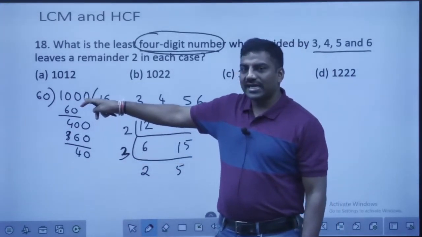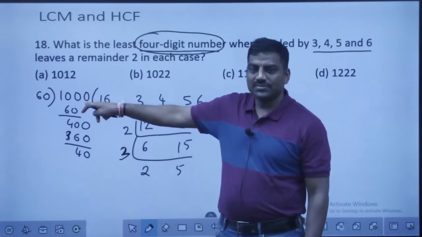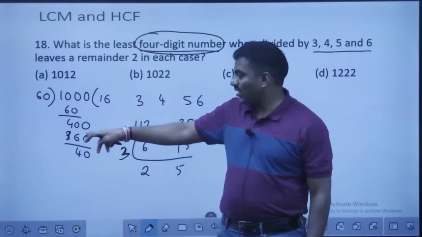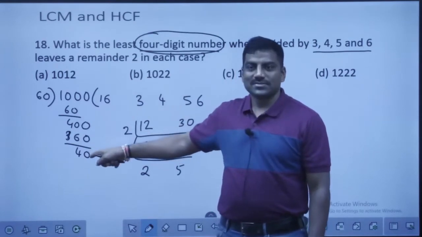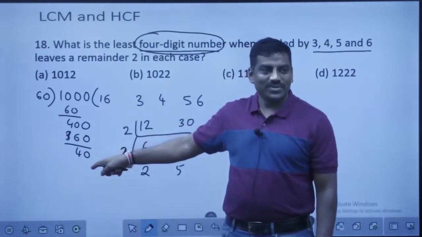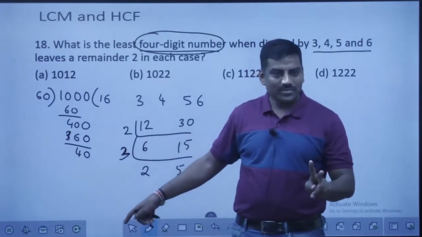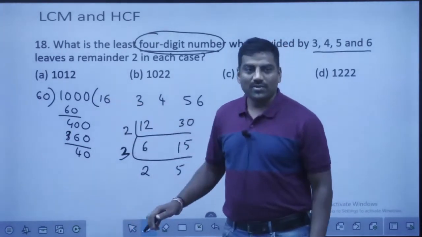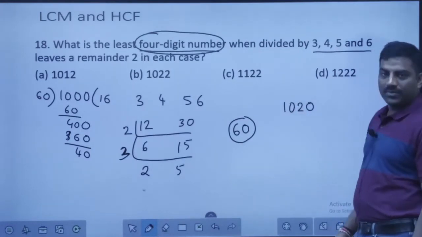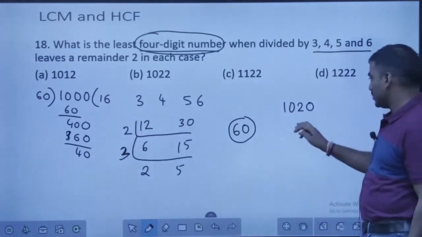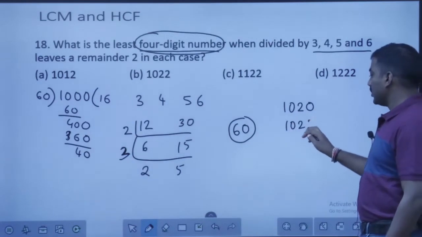Should I subtract the excess or add the deficit? Add the deficit. What is the deficit? Excess is 40. Deficit is 20. Correct? Add 20. What will it become? 1020. Remainder also you want, no? So it will become 1022.